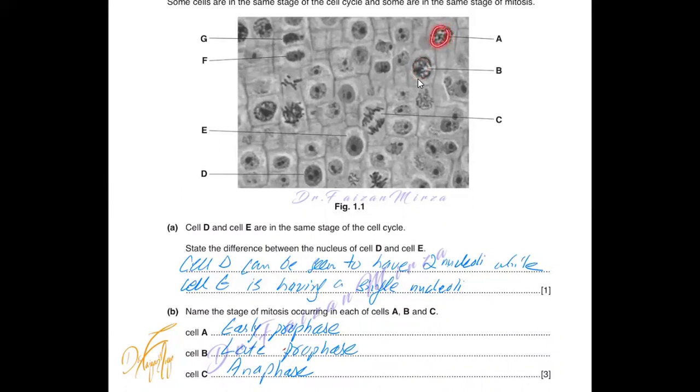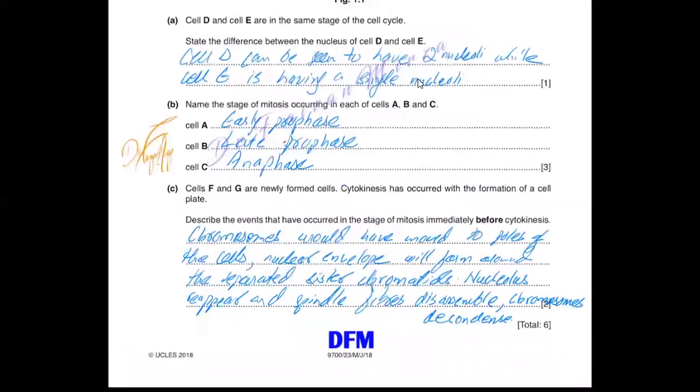In A, yes, it's intact, but in B, the chromosomes have appeared. In B, the chromosomes are still together, so they both are prophase. A can be early prophase and B can be late prophase. Whereas in C, you can see the chromosomes have been pulled apart. When the sister chromatids have been pulled apart, that needs to be anaphase.